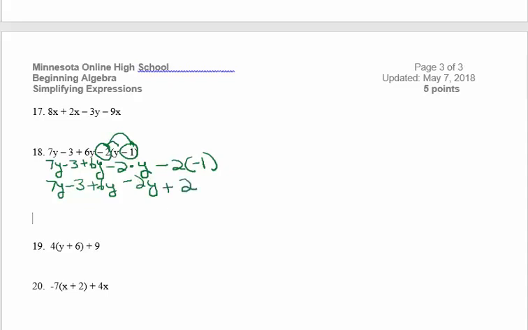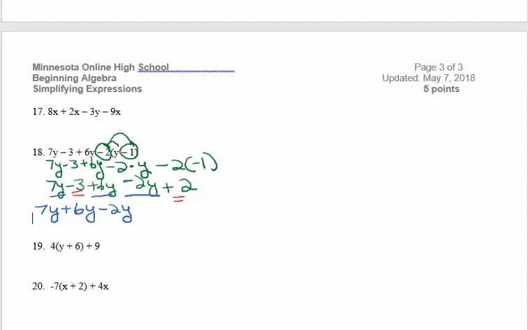Then you can look for your like terms. There's quite a few y's here. We have 7y plus 6y minus 2y. Don't forget that minus sign goes with the 2y. So you'll combine those. And then these are also like terms. Negative 3 plus 2. So 7y plus 6y, we're going to just go in order. 7y plus 6y is 13y minus, maybe we should rewrite these next to each other. 7y plus 6y minus 2y.